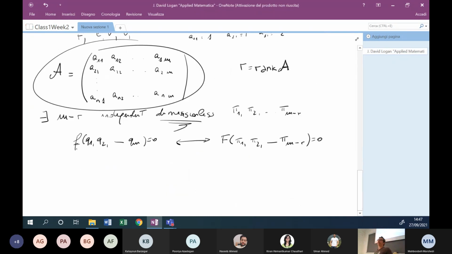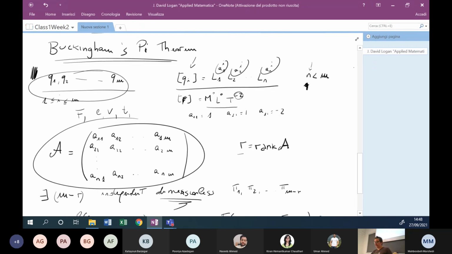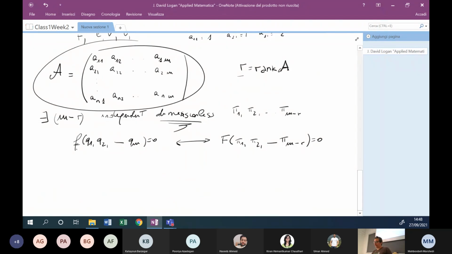This matrix will have a certain rank, which is this rank R. Then what I would like to prove is that there exist m minus r independent and dimensionless quantities, pi1, pi2, pi m minus r, that I can build from q1, q2, qm, and such that I can express the physical law, which is given by this equation, in this other way, with this other equation, where the number of variables, of course, m minus r is less than m.